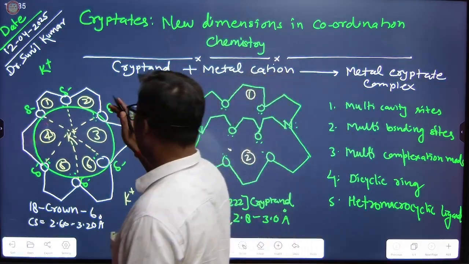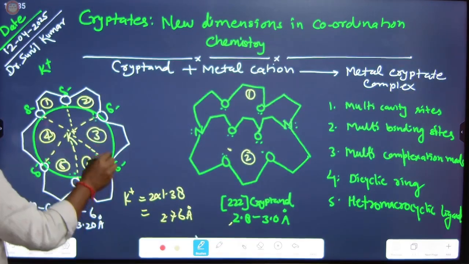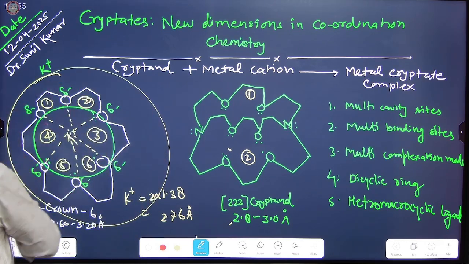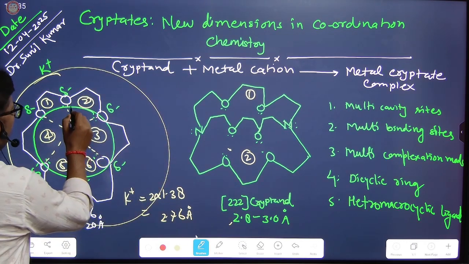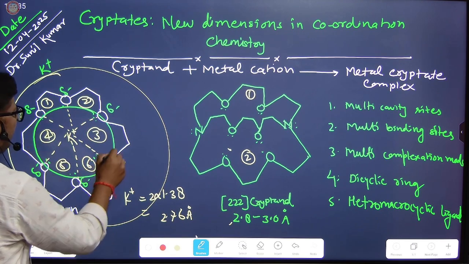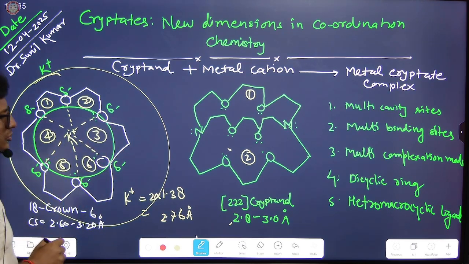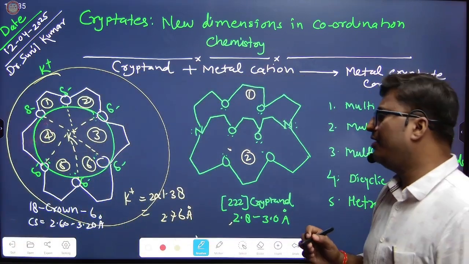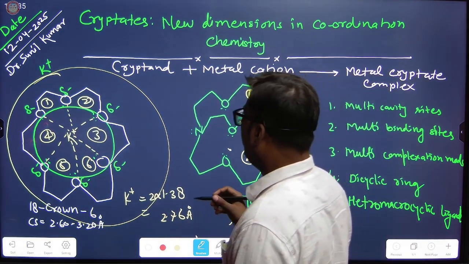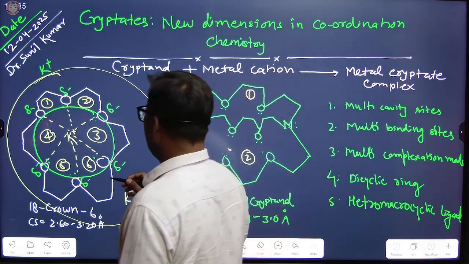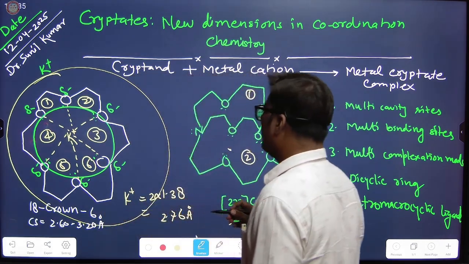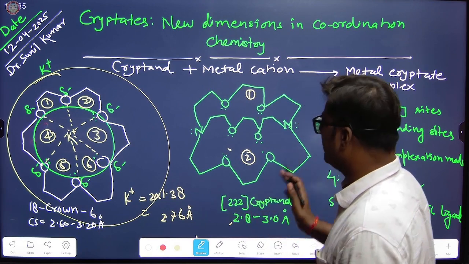So these crown ethers contain a hydrophobic exterior and a hydrophilic interior. So they have dual natures and can behave according to the nature of the incoming reagents or solvents.